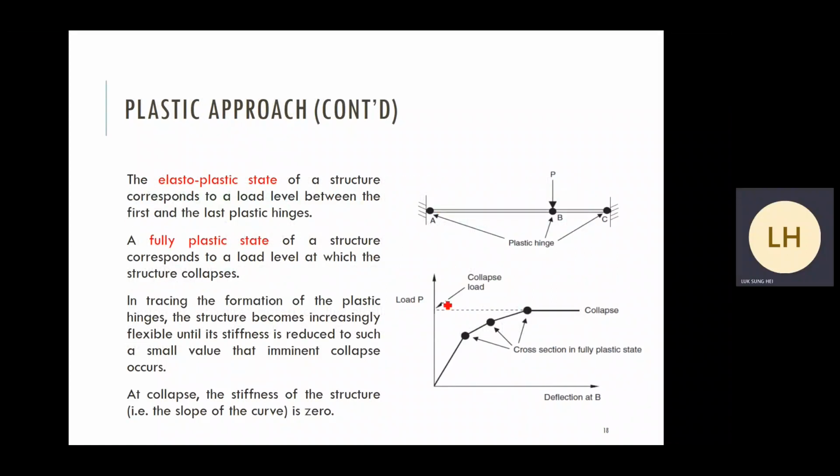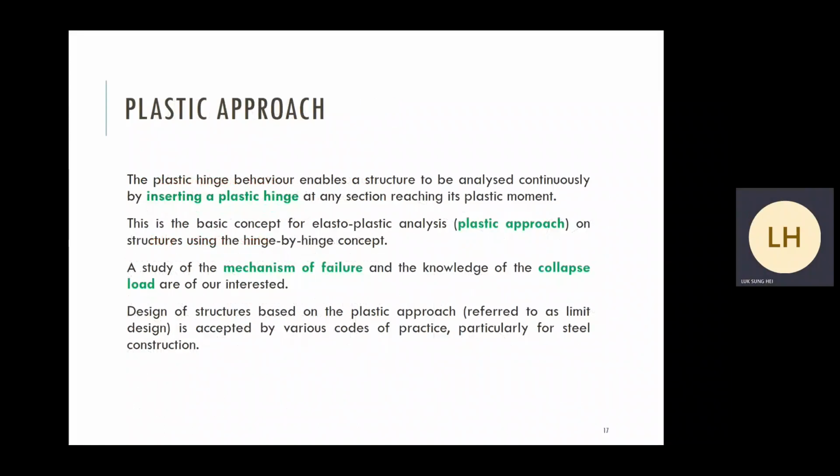Normally, in the past, when you wanted to find out the collapse load of structures, you assumed that maybe you have low loading at the beginning, increase the loading gradually to see where a plastic hinge forms in the section, and then study the behavior gradually until reaching the plastic condition. This is what we considered in the past.